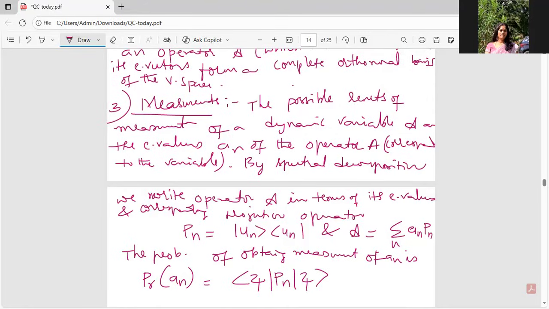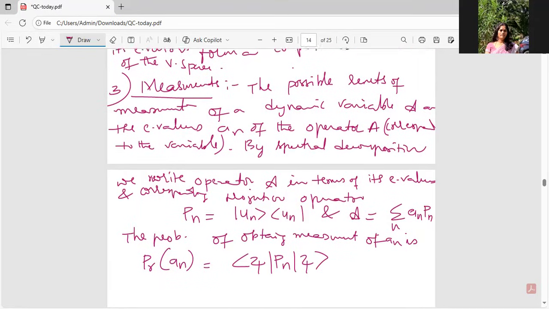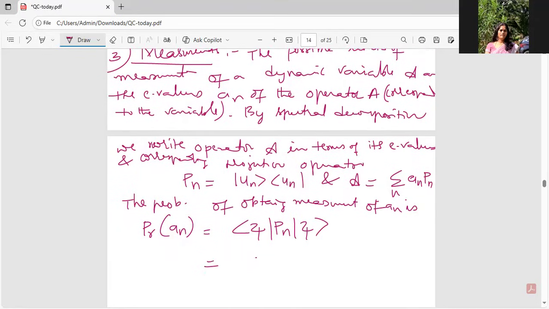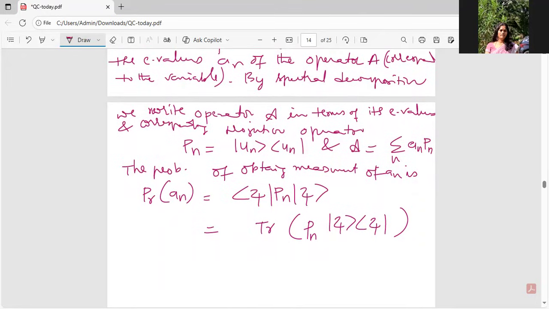Okay. The spectral decomposition kind. Of course, the projection way of writing. Expectation also I can say this one. Okay. The outer product of ket xi. Okay, yes. Trace of Pn into outer product of ket xi. Okay. Yeah. Once I have obtained the measurement.